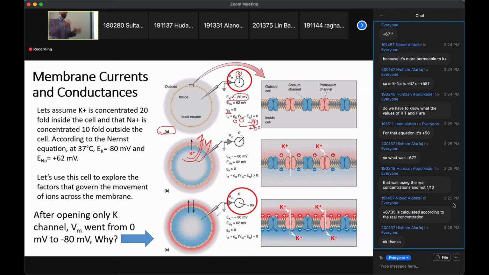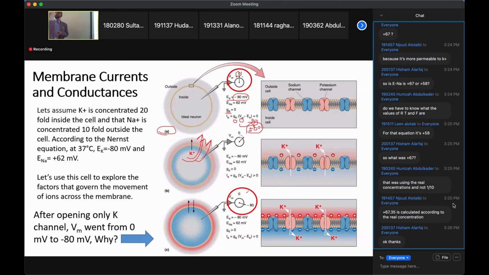And a trick that you can use to identify whether the movement is inward or outward in the case of cations, like sodium or potassium: when you calculate the ionic driving force, if the sign is positive, it means it's going to be an outward movement.